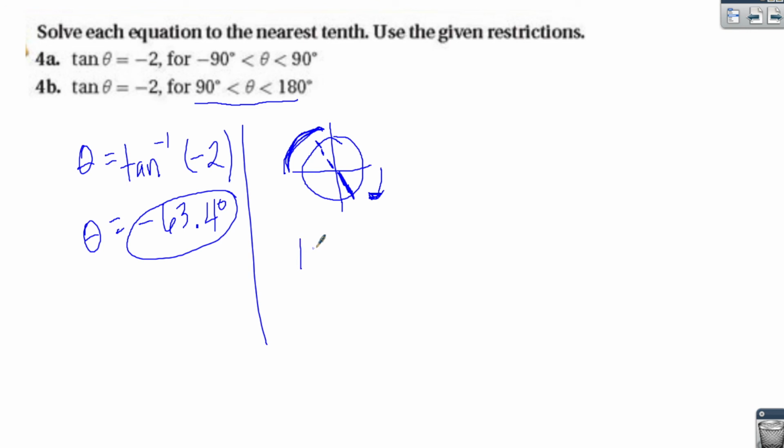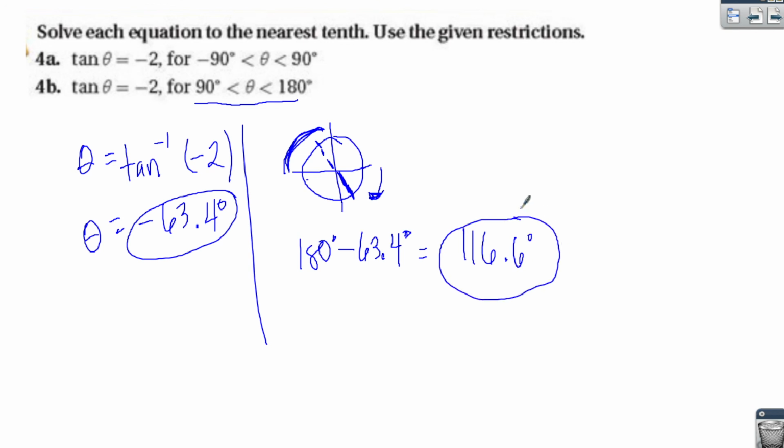You can subtract 63.4 from 180 degrees. Because isn't that the angle measure that we're looking for, which will result in a tangent value of -2? So once you do that, the result will be, to the nearest tenth, 116.6 degrees.